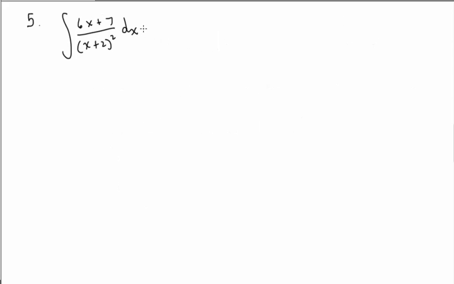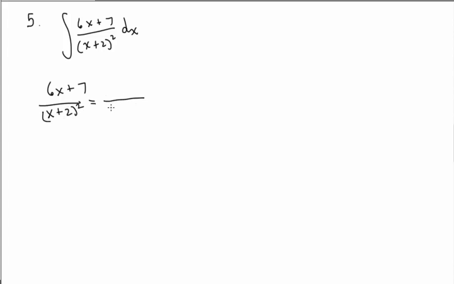In the last example, example 5, I'm actually asking you to integrate it. So don't just decompose, but integrate it. Press pause. This is actually an easy one. You can go from start to finish, press pause, do it, and then check your answer. Here we go. Alright, first I'm going to look at the 6x plus 7 over x plus 2 squared for decomposition.